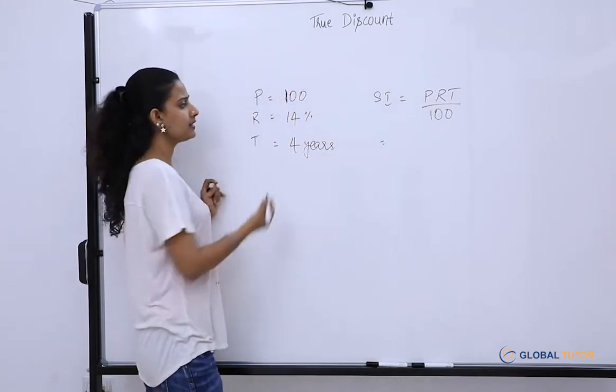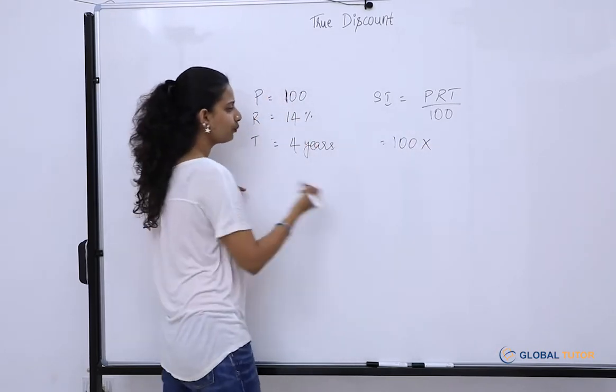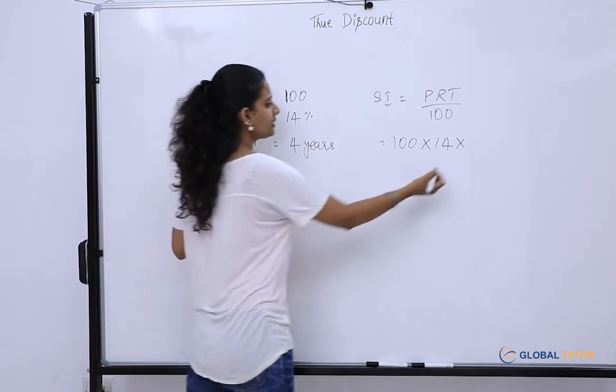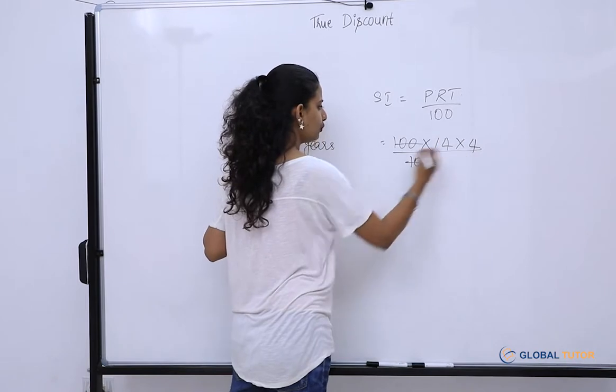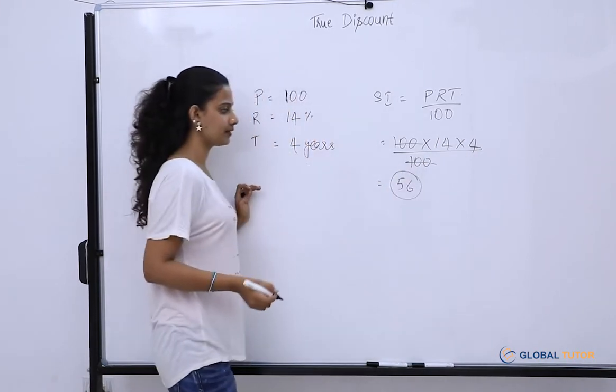Principal amount P is 100, rate of interest R is 14, time period is 4 years, divided by 100. So 14 into 4 is 56. So this is the simple interest.